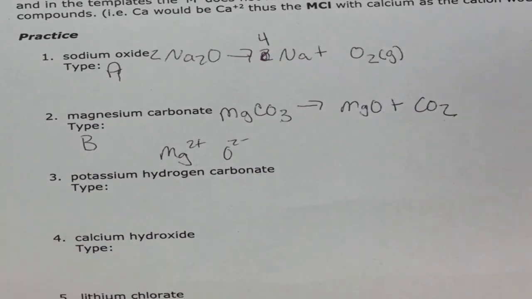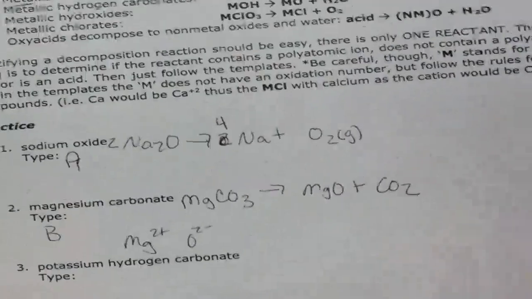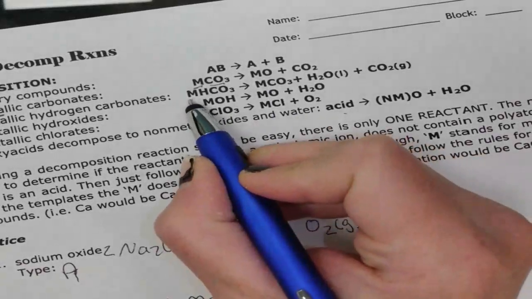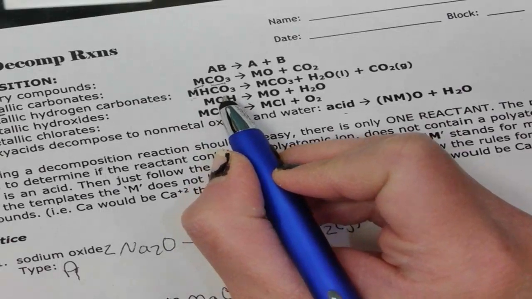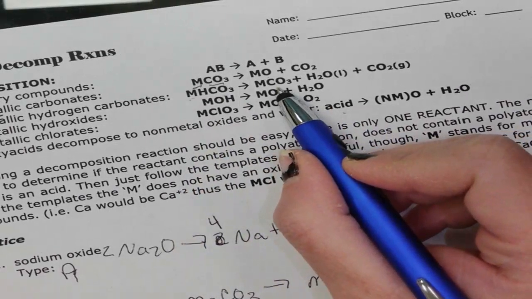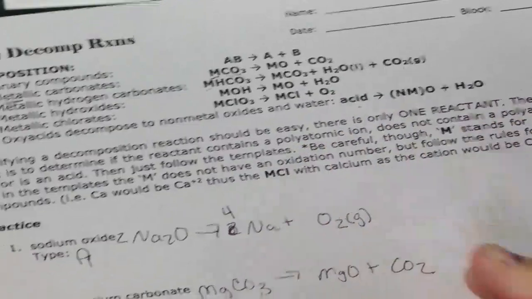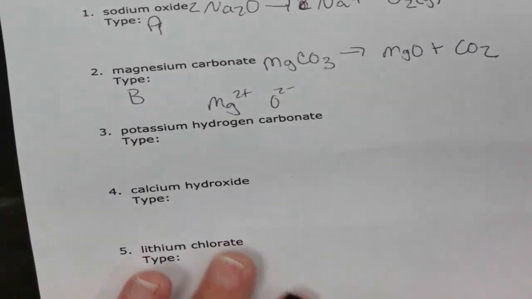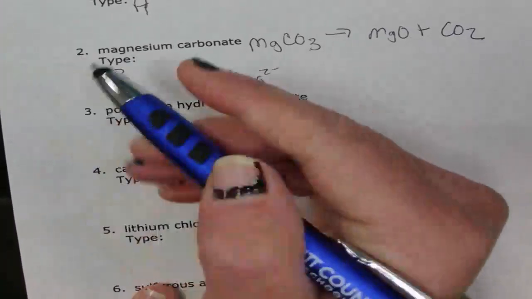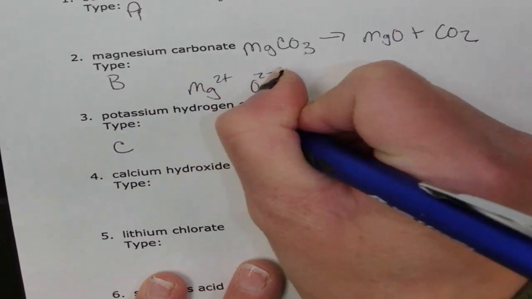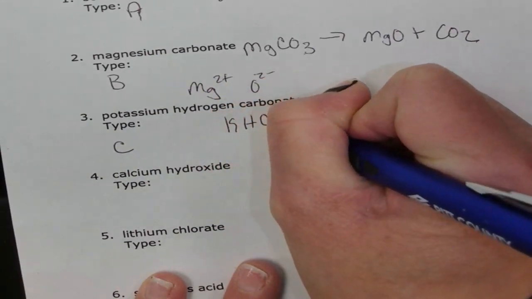A potassium hydrogen carbonate. All right, so that's going to be a type C. Potassium is my metal. I have a hydrogen carbonate. So I'm going to make a potassium carbonate plus liquid water plus gaseous carbon dioxide. So we said it's a type C. Potassium hydrogen carbonate.